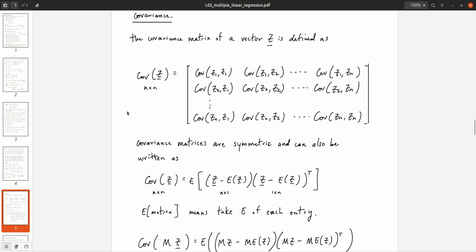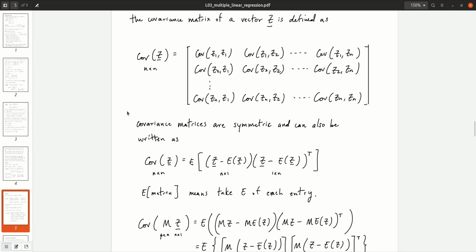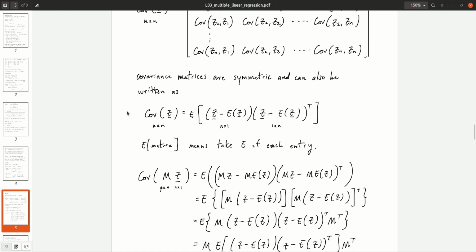We can also write a covariance matrix as an expectation. So let's see how that works. If we write the covariance of z, it equals the expected value of the vector z minus the vector expected value of z, so that's an n by 1 vector, multiplied by the transpose of that, which is a 1 by n row vector.